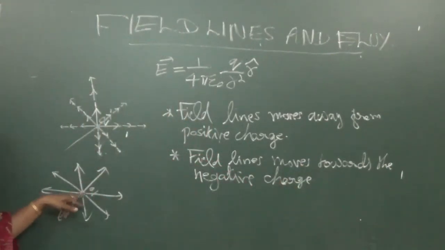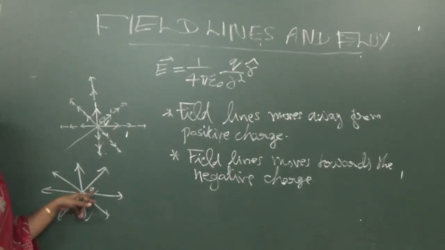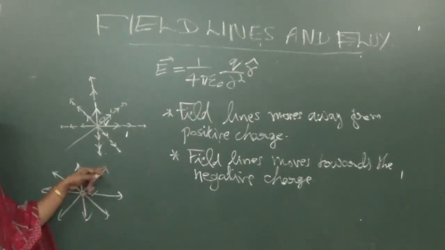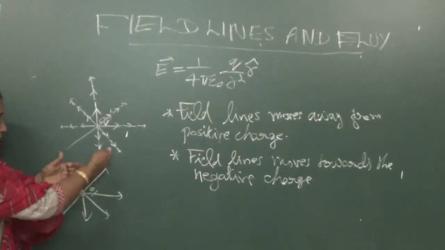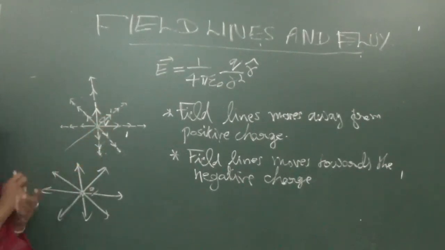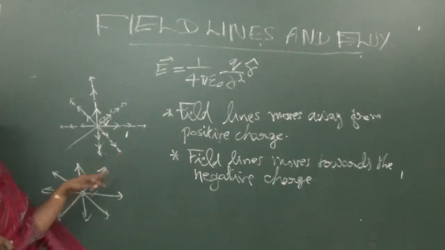Here, we assume positive charge plus Q, so the field lines move away from the charge. At the same time, if you represent this charge by negative minus Q, the arrow points towards this charge. That means field lines move towards the negative charge. Here it is positive charge, so it moves away from the positive charge.